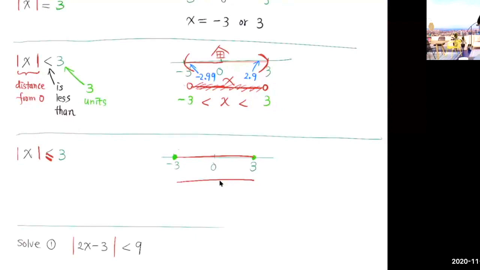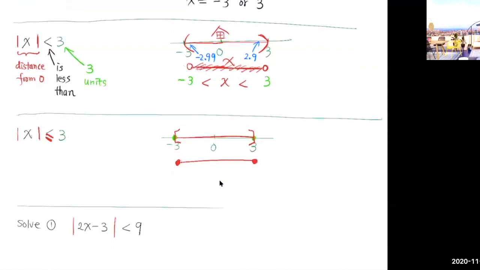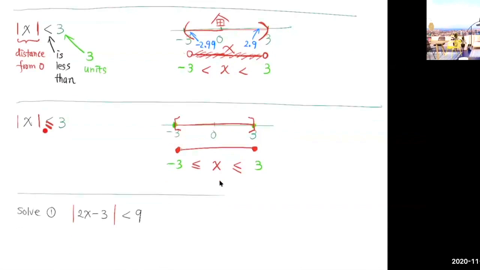Yes, because of the equal sign, so equal to 3 or -3 are included. The endpoints are included. So x will be any number between -3 and 3, including the endpoints. You locate -3 and 3, and x will be between, but there's an equal sign over here also.